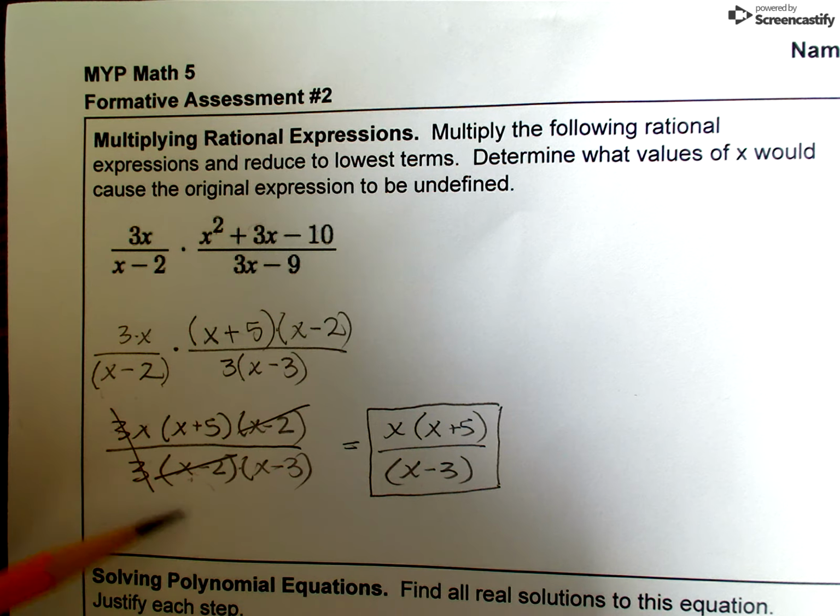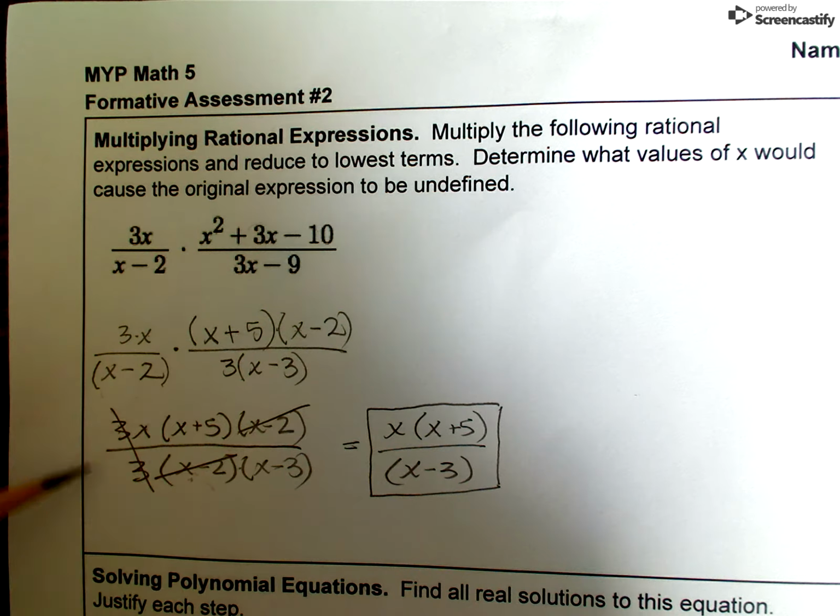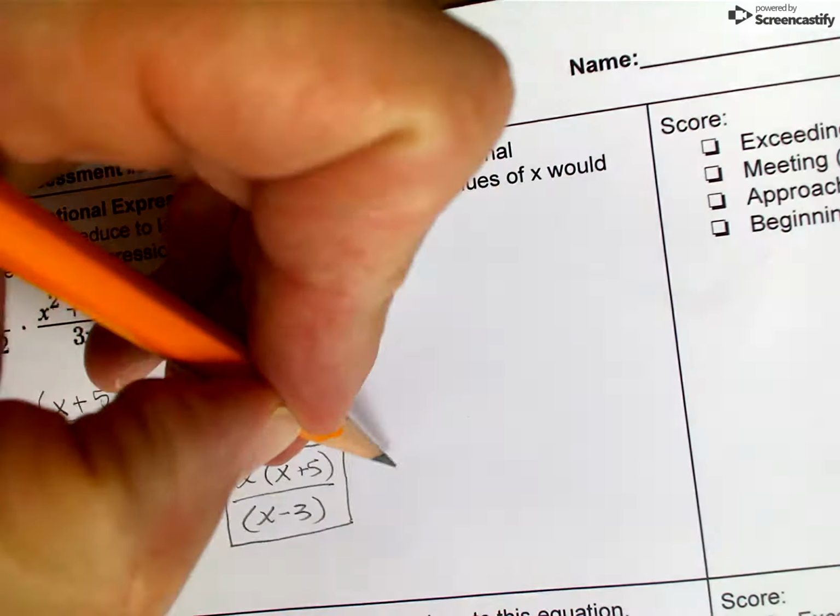So x is not allowed to be 2, or I should say, if x is equal to 2, then I would also be dividing by 0, and this expression would be undefined. So there's two values of x, and I can see them both here in this expression before I cancel anything. X cannot equal 2 and x cannot equal 3 because that would cause the denominator to equal 0, and then I would be dividing by 0, which is undefined.